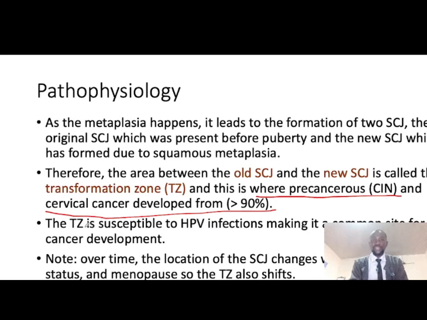So this transformation zone is actually susceptible to HPV infection, making it a common site for cancer development. You should note that over time, the location of the squamocolumnar junction changes with age, with pregnancy status, and also menopause. So the transformation zone also shifts.